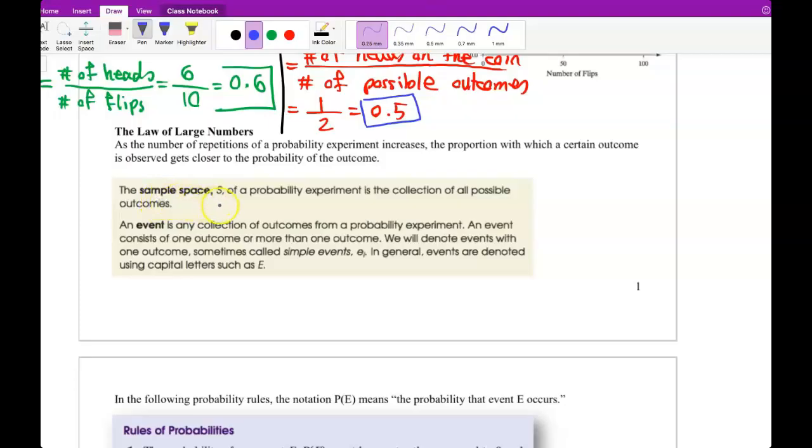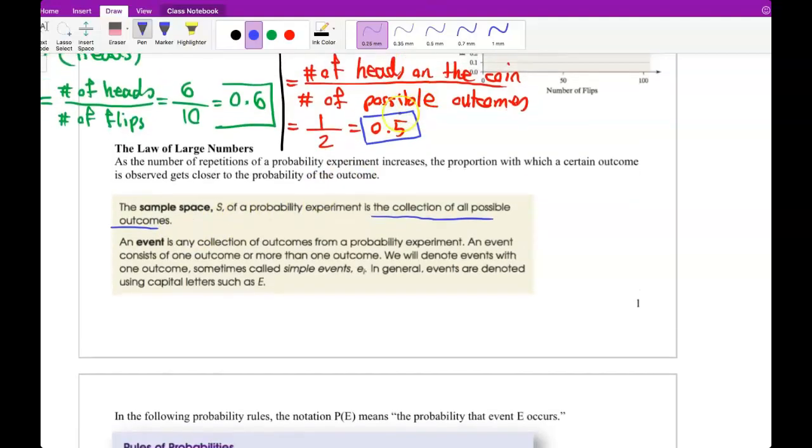Now the next part is sample space, shown with S, of a probability experiment, which is a collection of all possible outcomes. So what I used here in the denominator, that is actually our sample space. And an event is any collection of outcomes from a probability experiment. So an event consists of one outcome or more than one outcome. We will denote events with one outcome, sometimes called simple events.